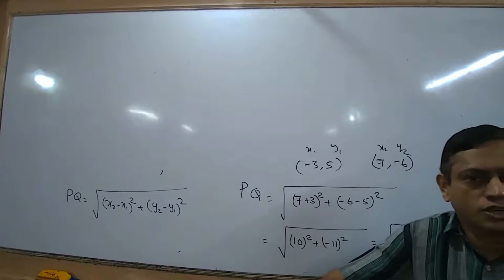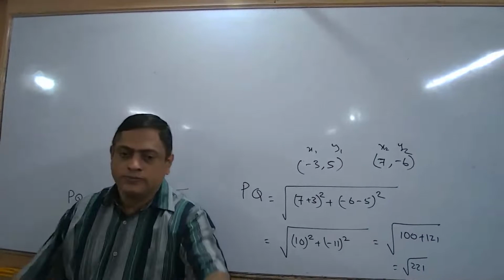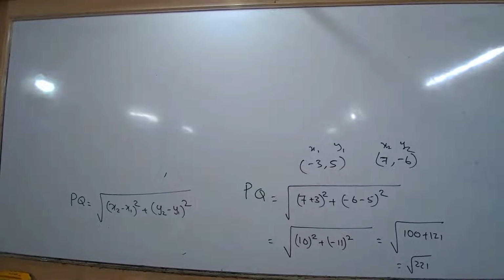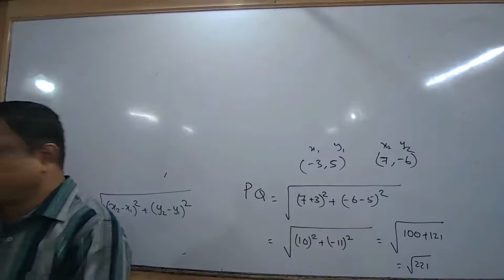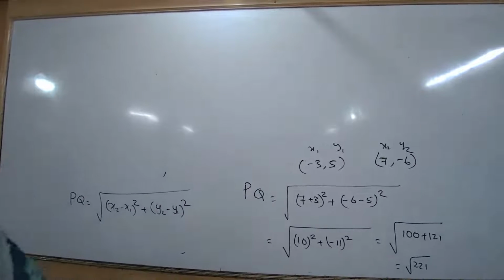Remember. Please remember. Now, with the help of distance formula, quickly I'll go through one by one the conditions. First is the points being collinear. You know what is the meaning of collinear? On the same line.